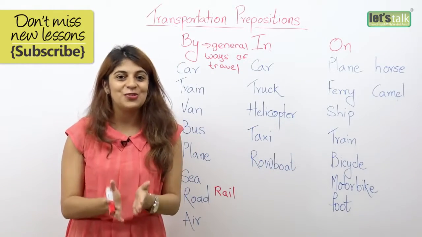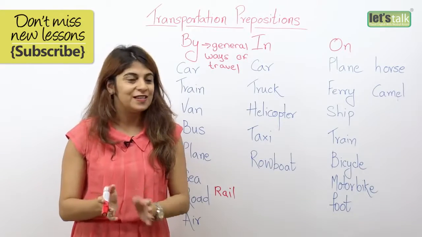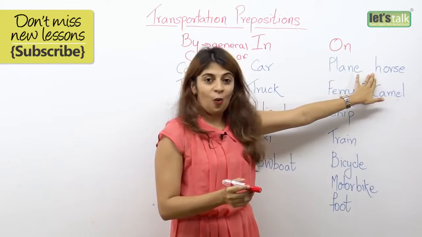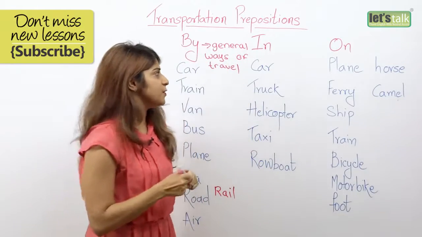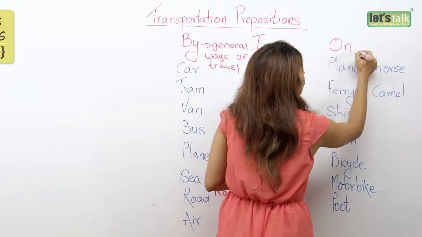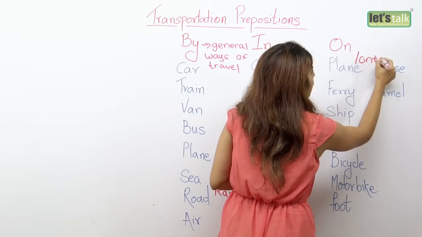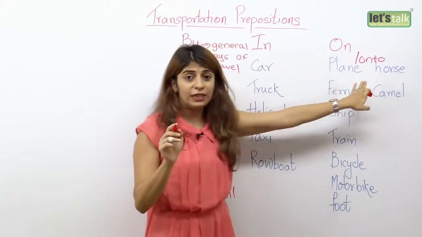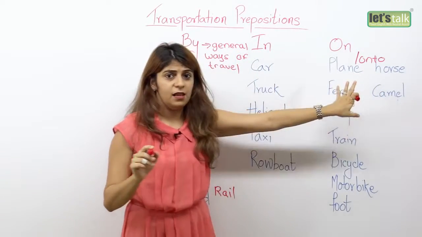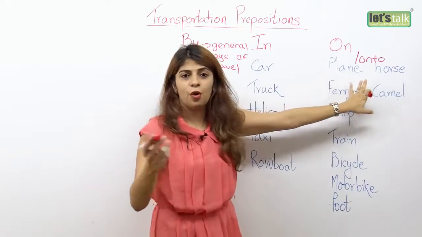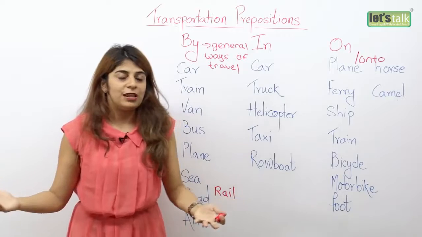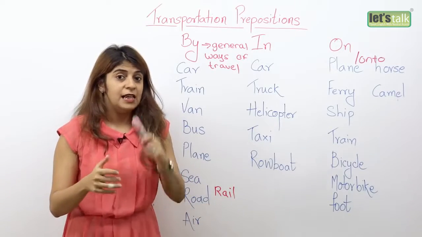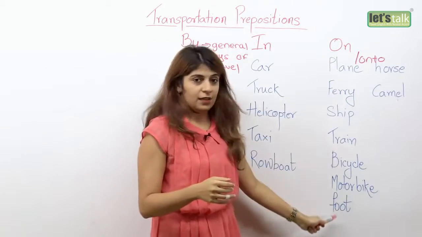You are going to use the preposition on. So I'm on a horse, I'm on a camel. You can also use another preposition, onto. But that is only for animals. Oh, I'm just going to climb onto a horse. I'm just going to climb onto a camel or onto an elephant. But not for the other vehicles, all right?